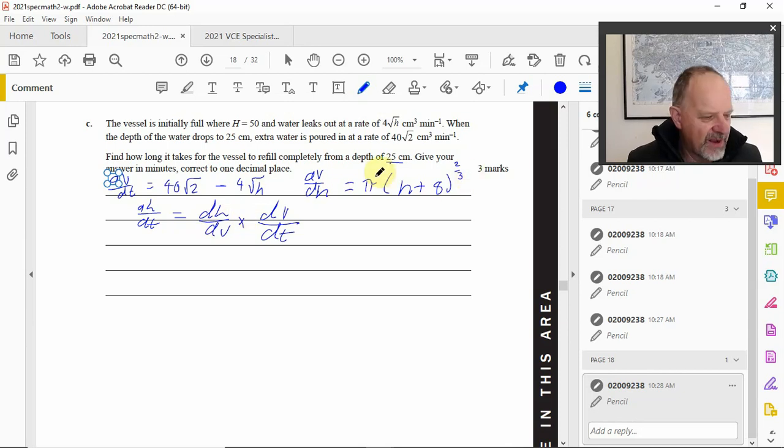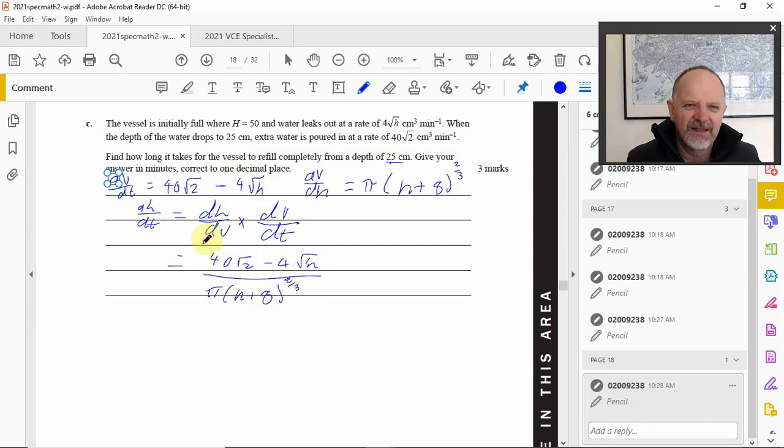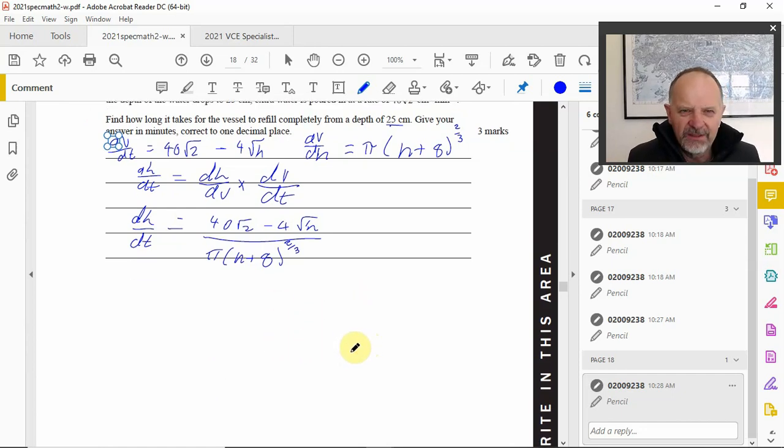When we flip that one over, that comes underneath, and so what we end up with is 40 root 2 minus 4 root h over pi times h plus 8 to the 2/3. All right, so that's how the height of the thing is changing.